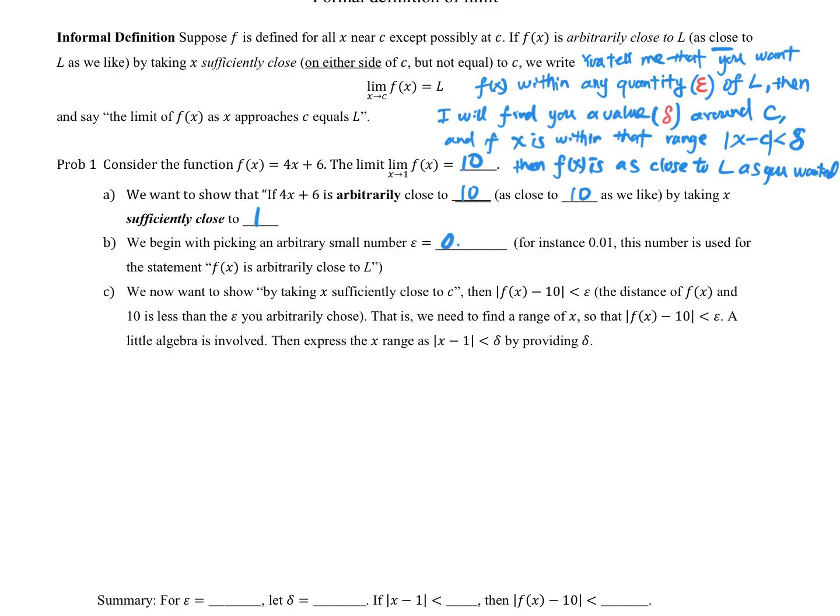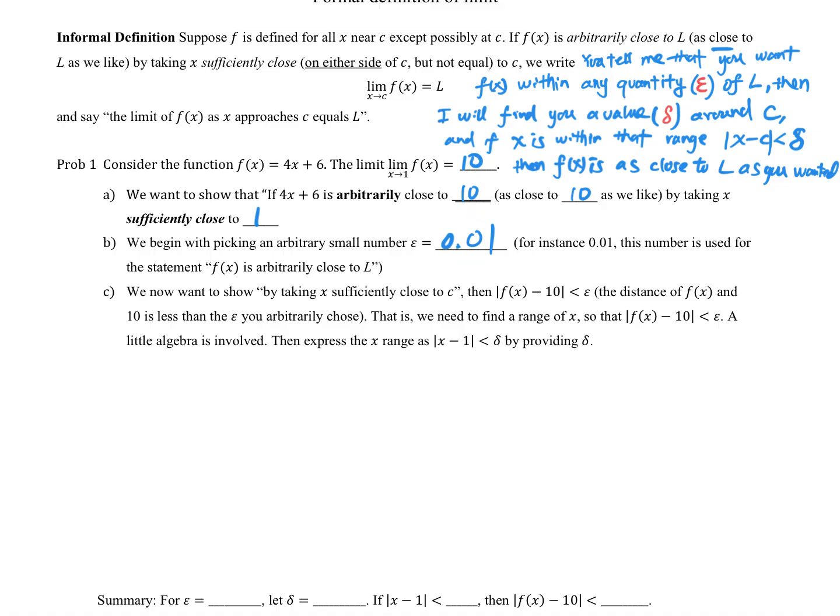It's really just an arbitrary number. You can say 0.5, you can say 0.001, or 0.00001, any small number that you can think of. My job depends on this number that you provide to me.